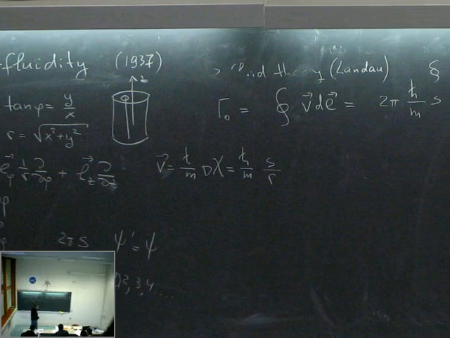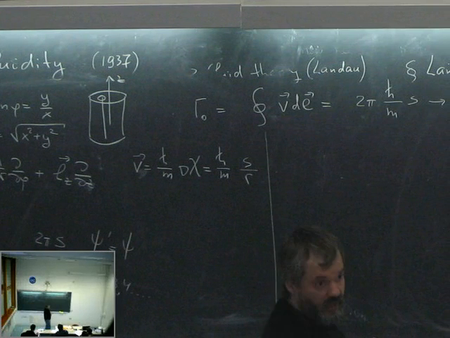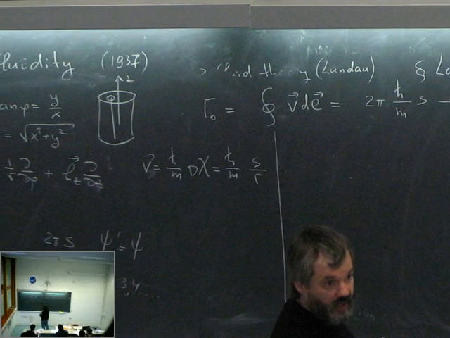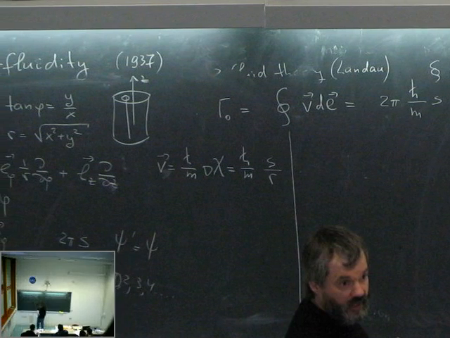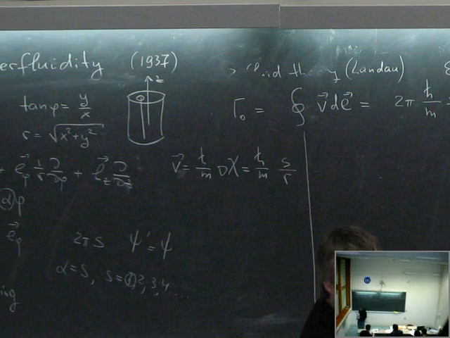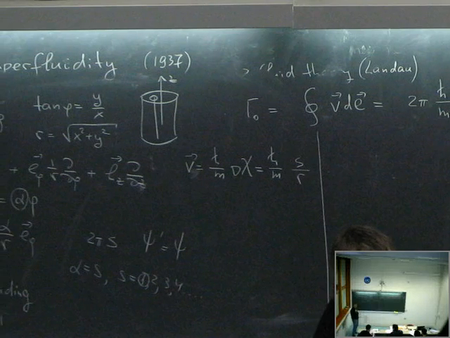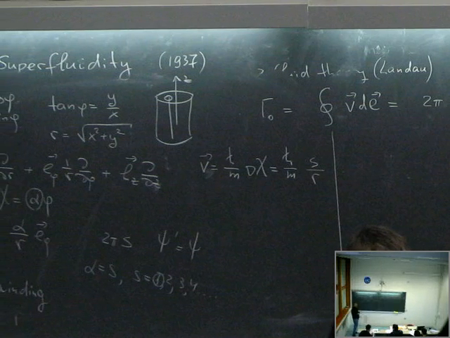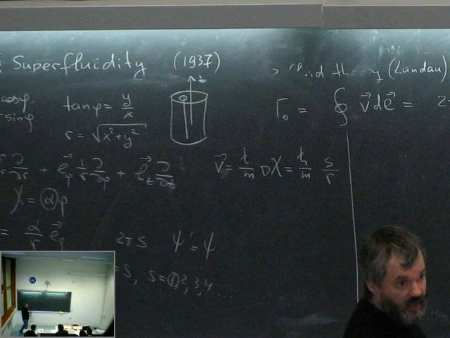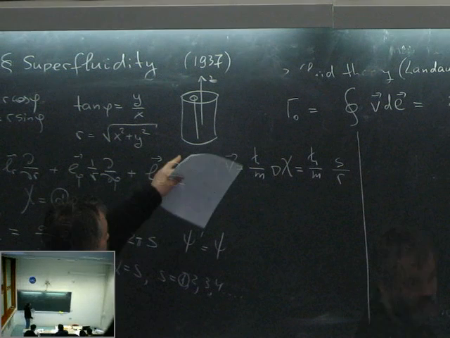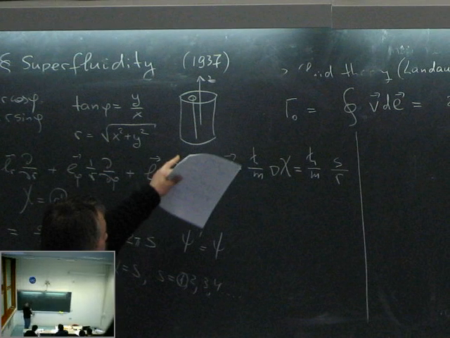And in order to create a vortex, one just needs to rotate the system. Suppose you have a cylinder, you have a glass with your liquid helium in the superfluid phase, you start to rotate it. Rotating this superfluid substance with some velocity will eventually lead to the creation of the first vortex.